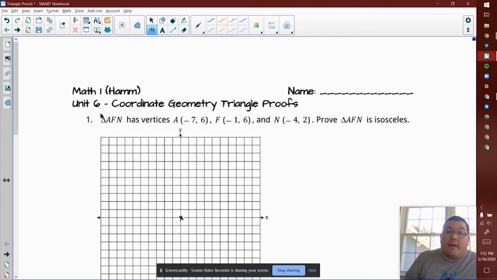So to get started, we have triangle AFN here, and we have known vertices of (-7, 6), (-1, 6), and (-4, 2). So let's go ahead on our coordinate plane and plot that.